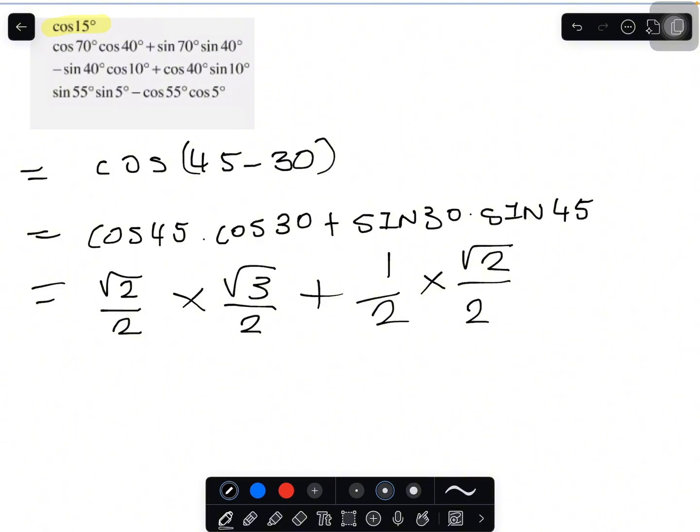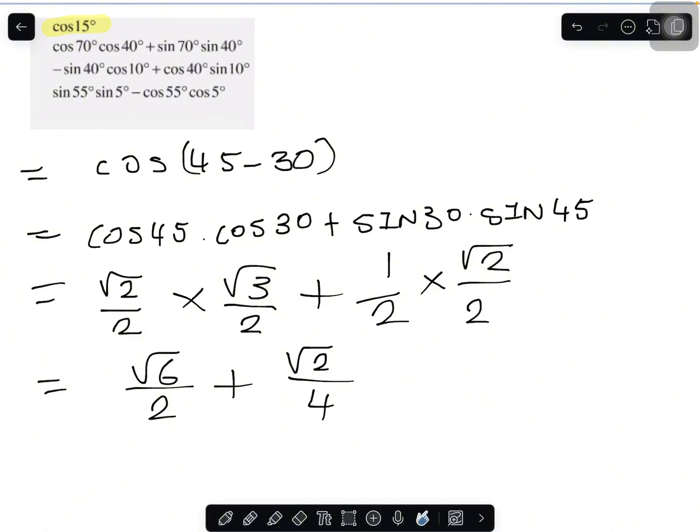Okay, and then root 3 times root 2 equals root 6. So I'm going to have root 6 over 2 plus root 2 over 4.